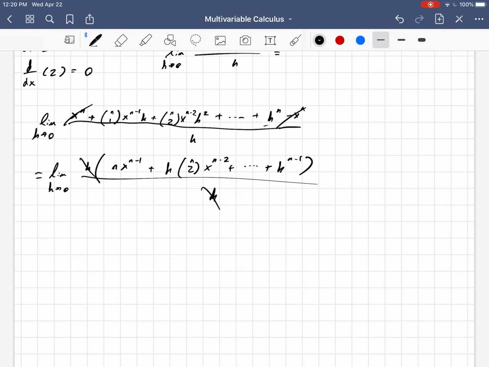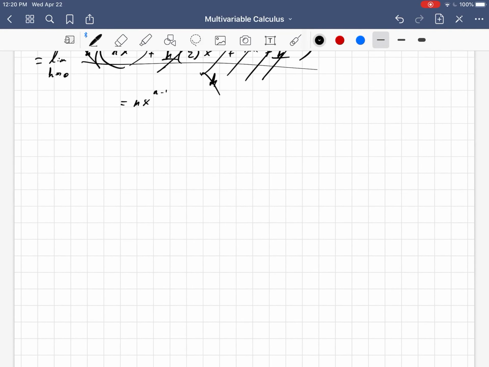You'll see why in a second, times x to the n minus 2 plus yada yada yada plus h to the n minus 1 all over h. Cancel out the h's, and now as h goes to 0, every term after this nx to the n minus 1 also goes to 0 because every other term has a factor of h in it. So all these terms go away, and we're just left with the nx to the n minus 1. And this is why the derivative of x to the n is nx to the n minus 1.